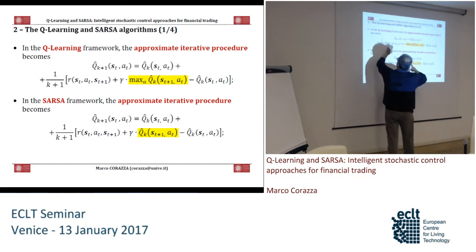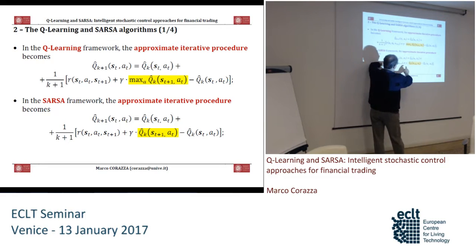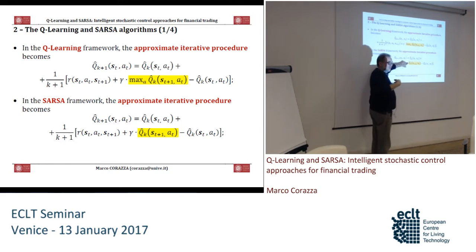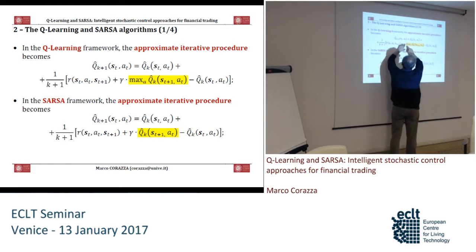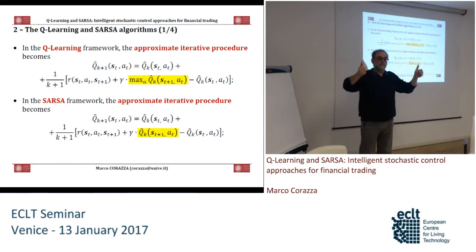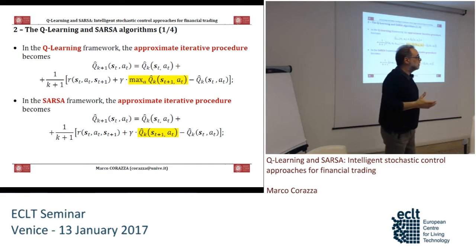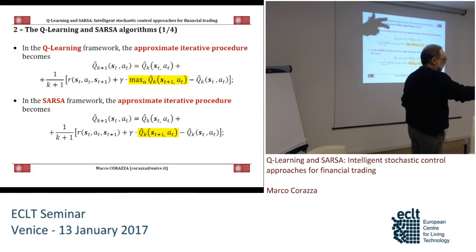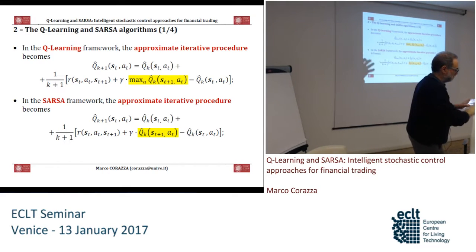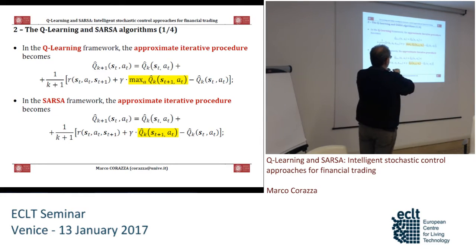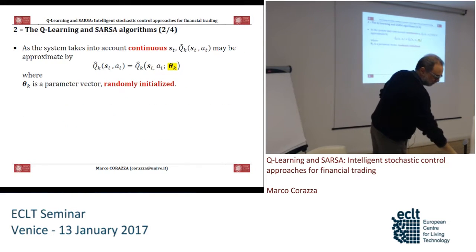The only difference is that SARSA uses the first previous iteration, whereas Q-learning, among all the possible previous iterations, uses only the one for which this quantity is maximized. SARSA stands for exactly? State, action, reward, state, action. Very simple, very boring. They are two small versions of the same philosophy.